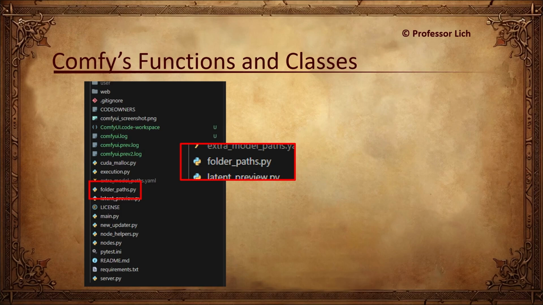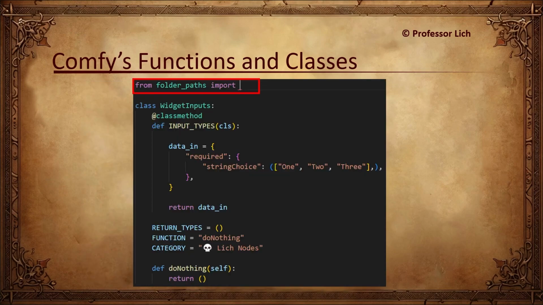We just need to import it in order to access it. And the awesome thing about Visual Studio Code is you don't even have to open the file. What you need to do is open your own file, the one where you want to use the actual function. You begin by typing from folder paths, import.